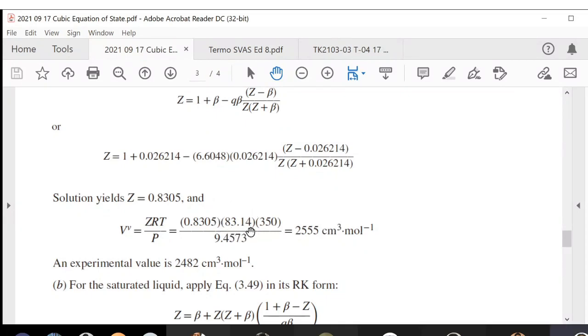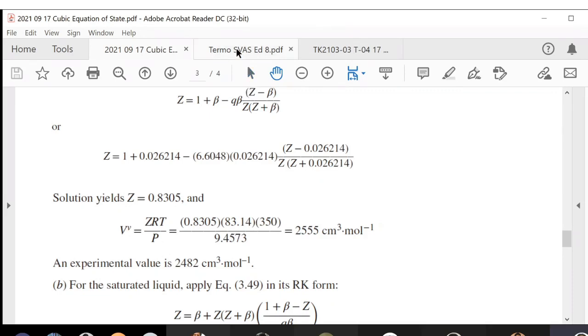Now, how to check this R? We need to get with the proper unit. If our target is volume, then try to find R with the cubic centimeter or with the liter or with cubic meter, things like that. Don't take the R as the joule per mole Kelvin, because you have to transfer that unit into cubic centimeter.